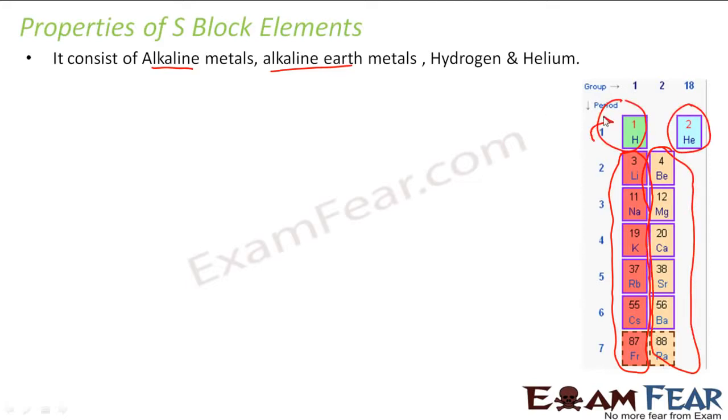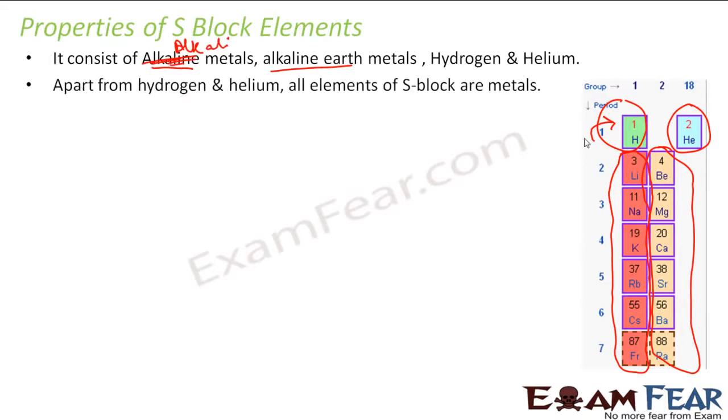Hydrogen we have already studied in the last chapter. Helium we will study later. In this chapter we will be focusing more on alkali metals and alkaline earth metals. Apart from hydrogen and helium, all the S-block elements are metals, but hydrogen and helium are not metals.